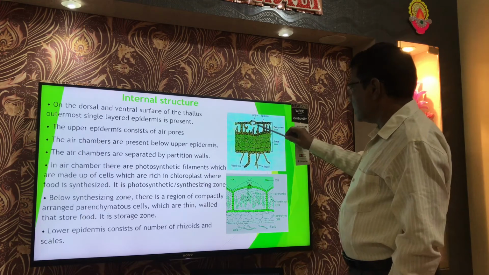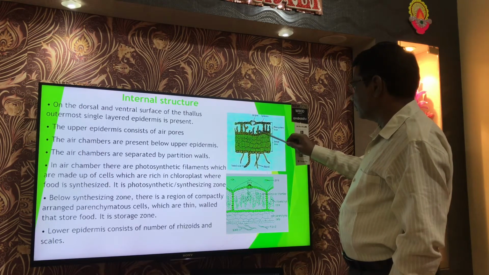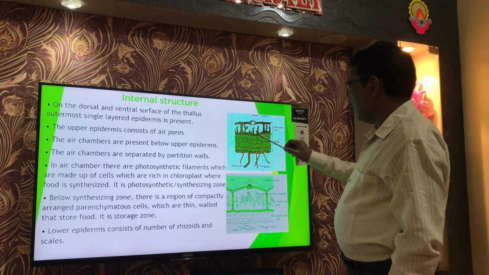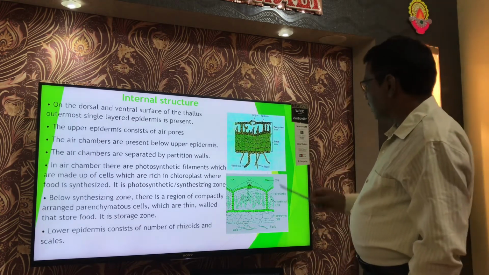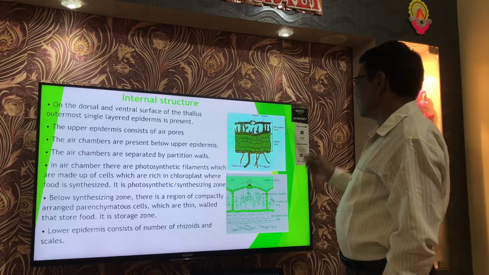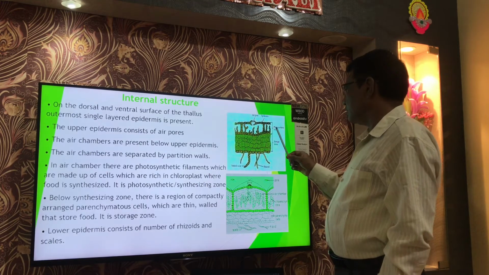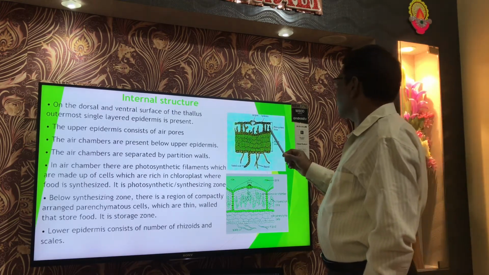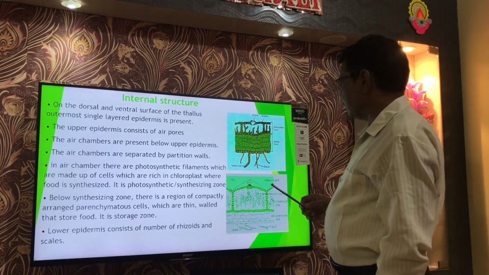So this entire upper zone or region has thin walled chlorenchymatous cells which perform photosynthesis, and therefore it is called a photosynthetic zone, or a photosynthetic layer.